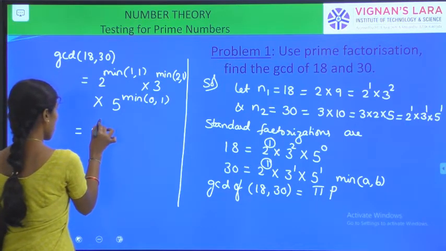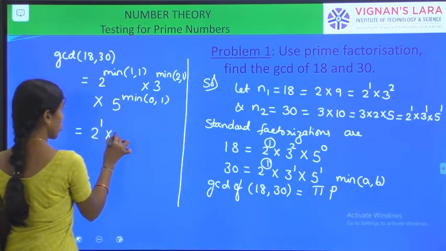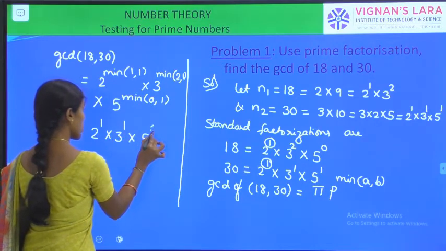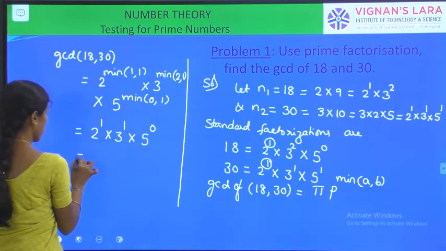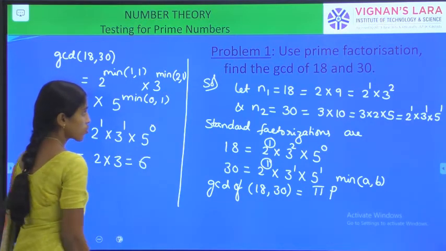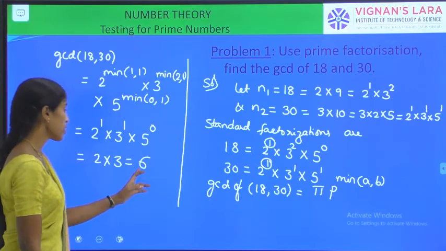This gives us 2 to the power minimum which is 1, into 3 to the power minimum which is 1, into minimum of 0 comma 1 which gives 0. So 2 into 3. So the GCD of 18 and 30 is 6.